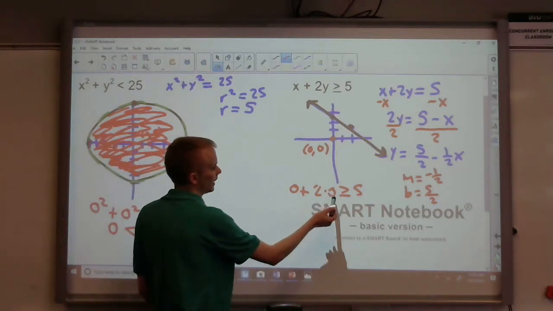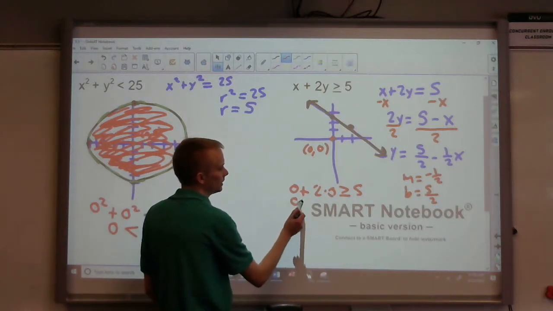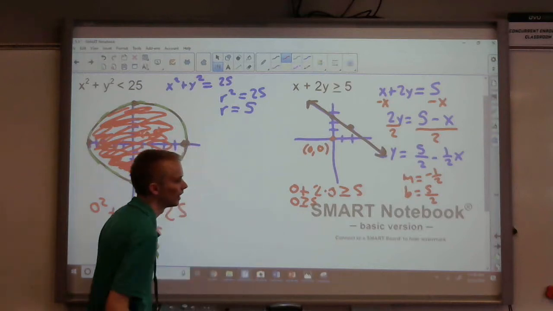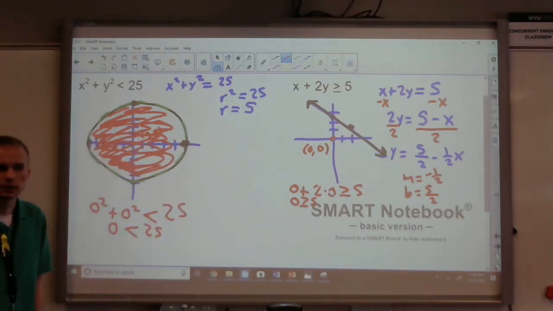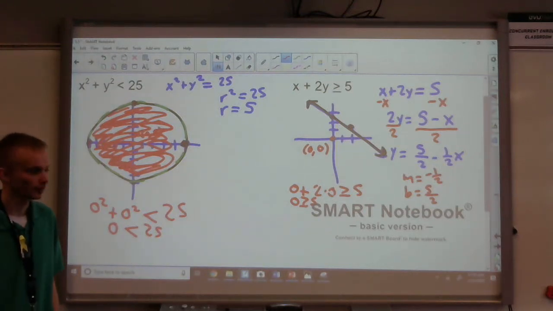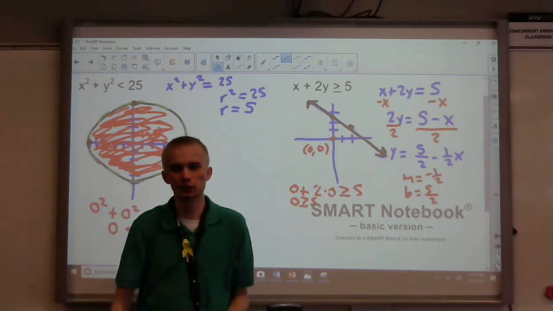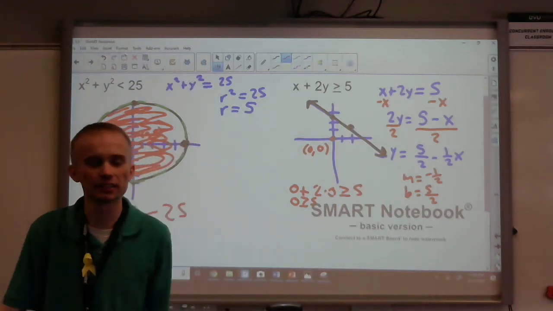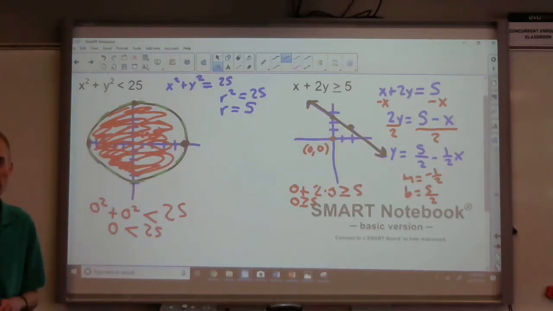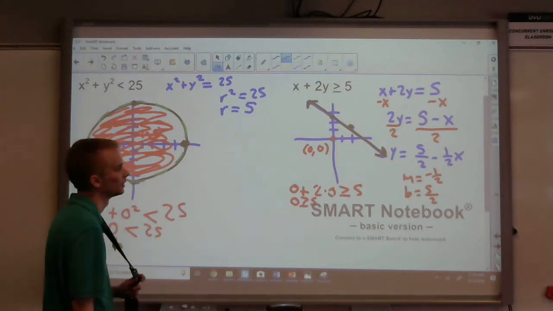So over here I get 0 plus 0 is greater than or equal to 5. Is that true? Is 0 bigger than or equal to 5? No. I hope you're screaming in your chair at home like, no, that's not true. In fact, you're insulted I would ever say 0 is greater than or equal to 5.